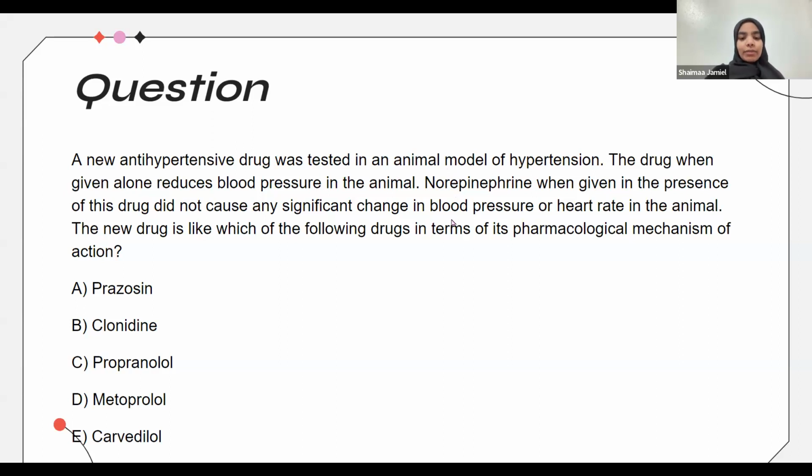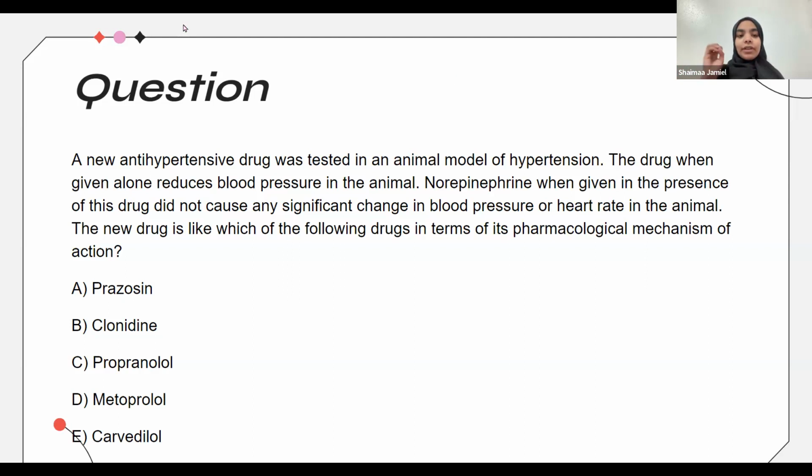However, when you gave norepinephrine in this animal, nothing happened, neither to the blood pressure nor to the heart rate. Norepinephrine usually increases blood pressure and what to the heart rate? Reflex. Norepinephrine causes brady. Yeah, it causes reflex bradycardia.